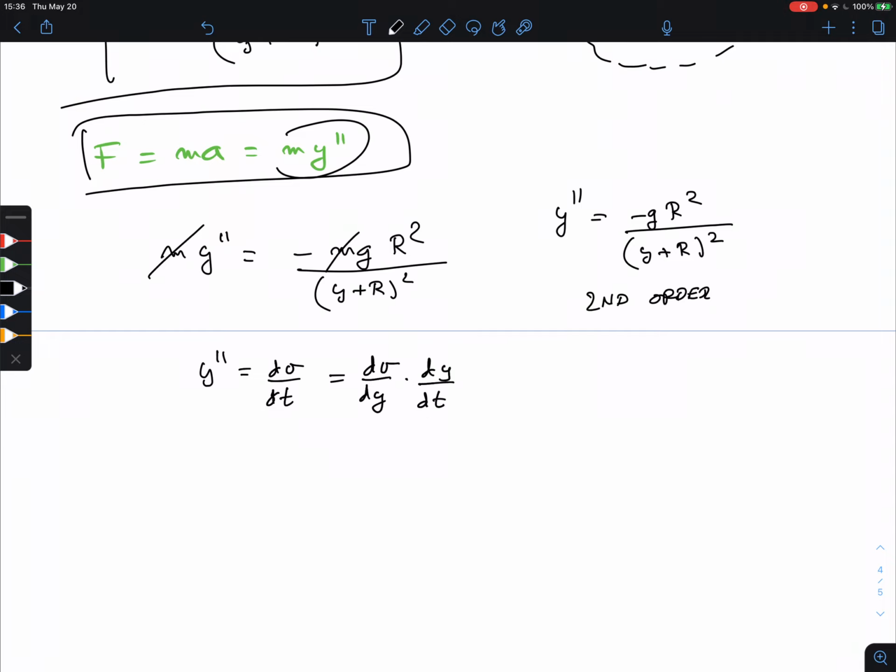One way of doing the chain rule is that, let me write it down and then we can discuss it. Velocity depends on time, but we can think velocity depends on the position, which depends on time. If you think of this as a chain rule, where v depends on y, which depends on t, then the derivative of v with respect to t is the derivative of v with respect to y times the derivative of y with respect to t. So I'm thinking of v as a function of y, which is a function of t.